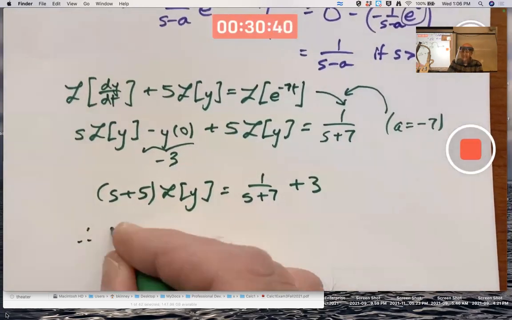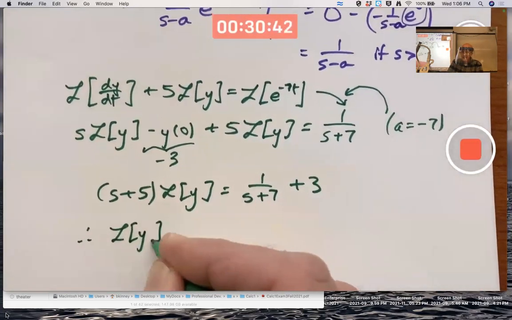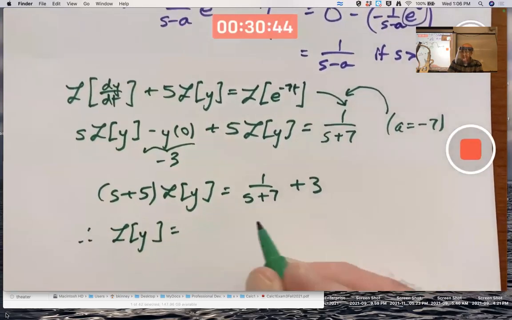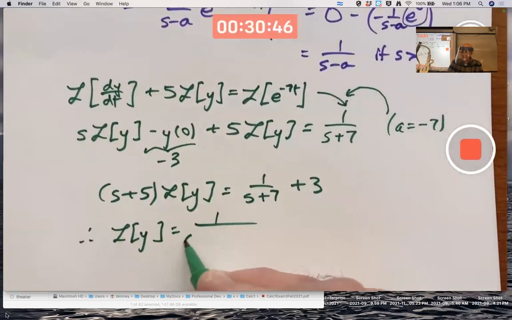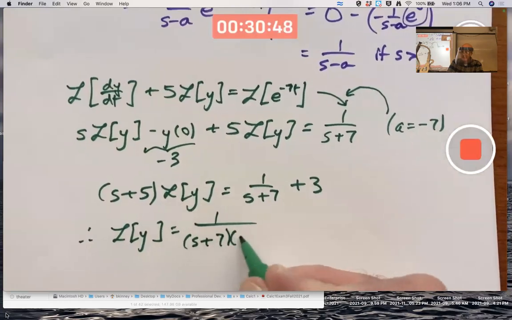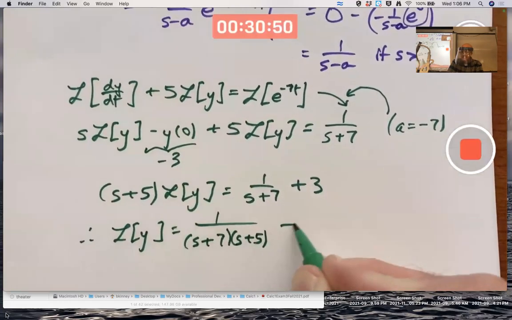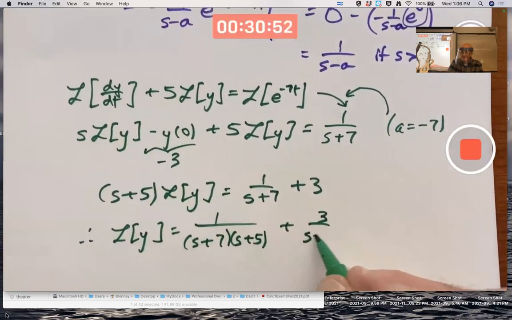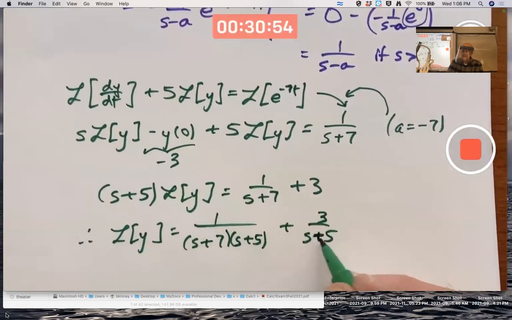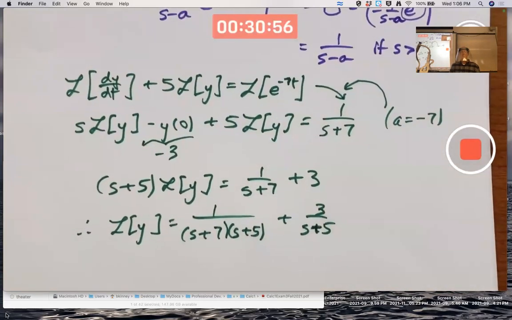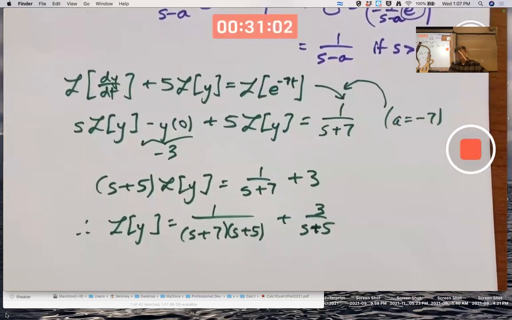And therefore, L of y, divide both sides by s plus 5, is 1 over (s plus 7) times (s plus 5), plus 3 over s plus 5. That is the Laplace transform of the solution y, the unknown solution that I'm trying to find, which we did find with integrating factors, but that's what we're after.